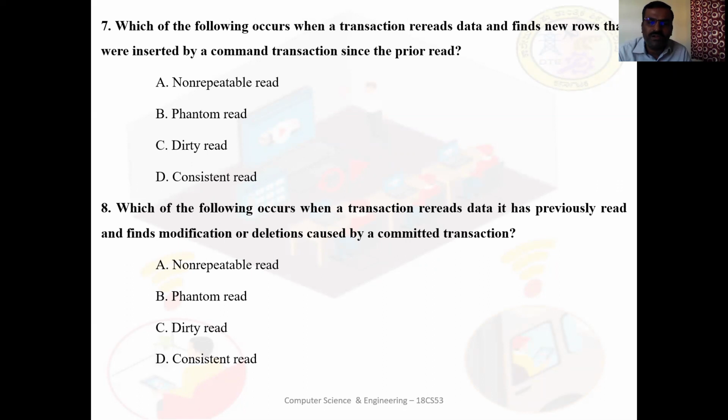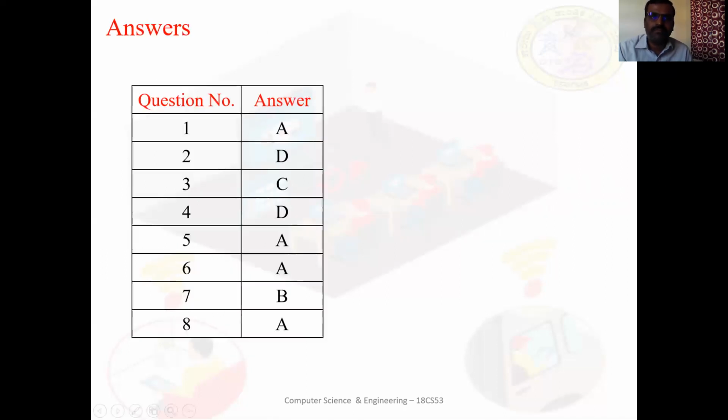A, non-repeatable read, B, phantom read, C, dirty read, D, consistent read. Answer is A, non-repeatable read. Answers for question number 1 A, question number 2 D, 3 C, 4 D, 5 A, 6 A, 7 B, 8 A.